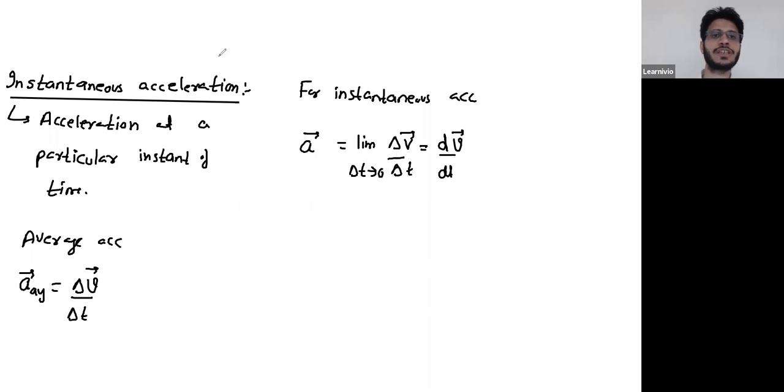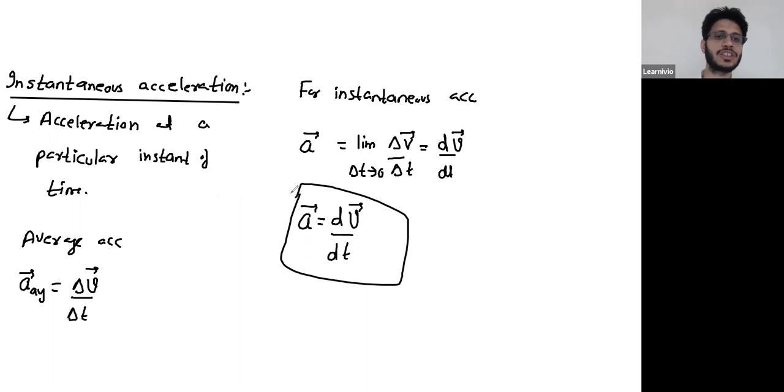So for instantaneous acceleration, we just have to shrink the time interval. This is instantaneous acceleration dv over dt, which means you differentiate velocity with respect to time. It's the rate of change of velocity with time.